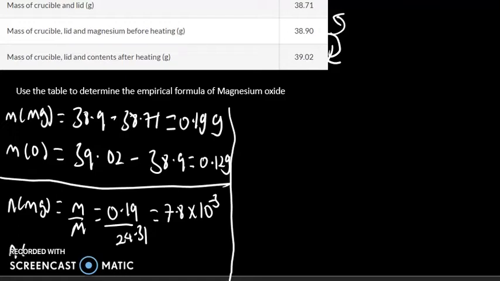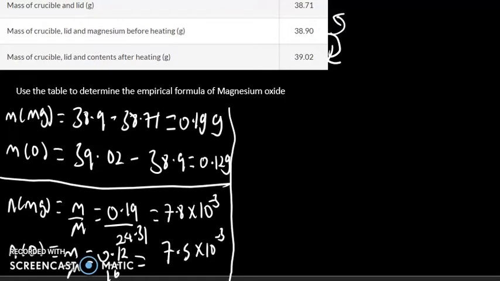And for oxygen, you get mass over molar mass, that is 0.12 divided by 16, so that will give you 7.5 times 10 to the power minus 3.